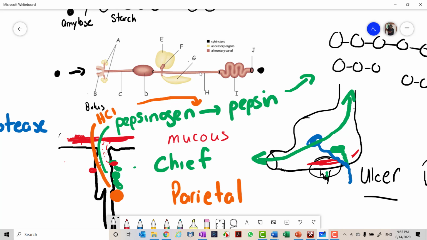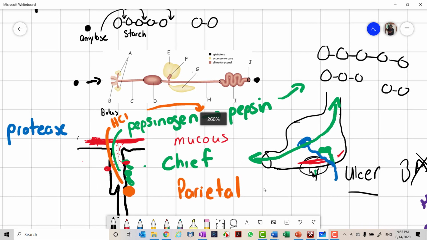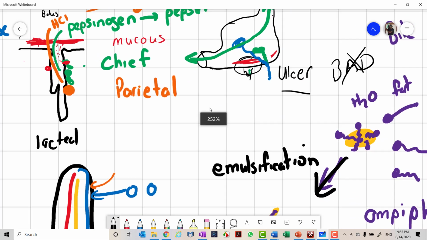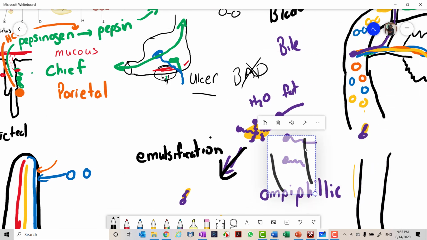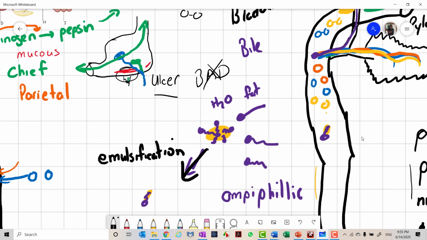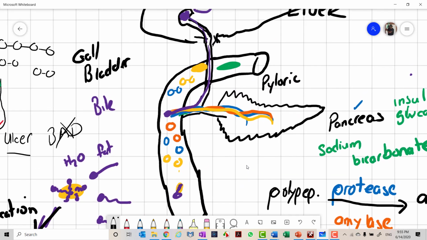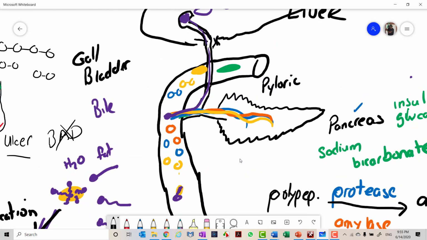And inside the small intestine, we have the release of pancreatic juices. Your pancreatic juices are going to include a whole bunch of enzymes. And these enzymes are responsible for the major digestion of food.